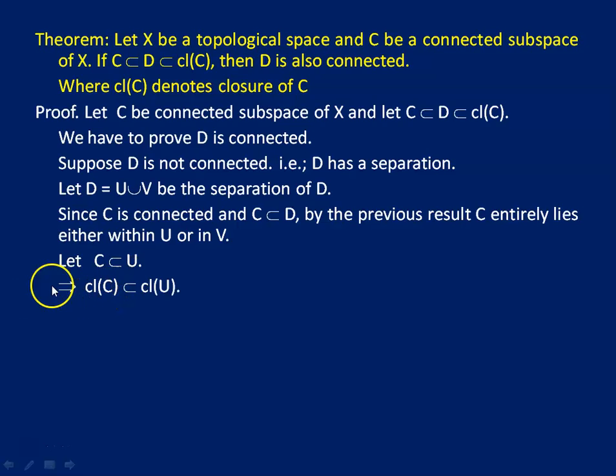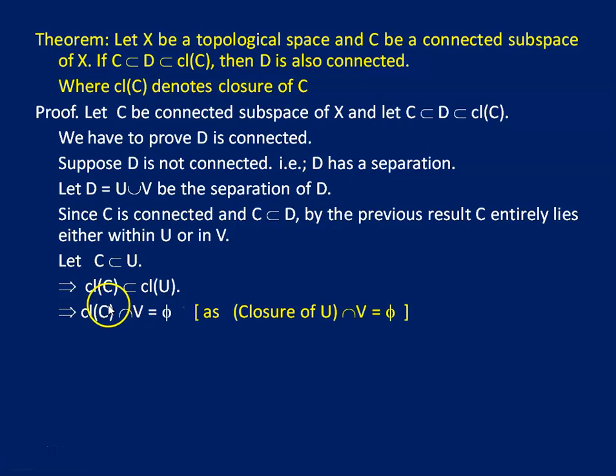This implies closure of C is a subset of closure of U. This implies closure of C intersection V is empty, because closure of U intersection V is empty.